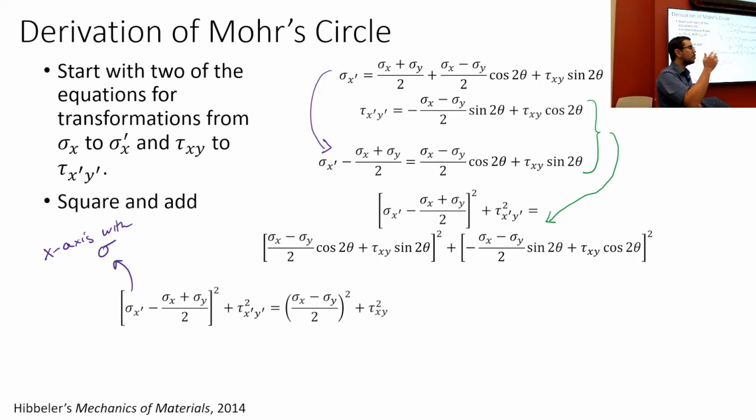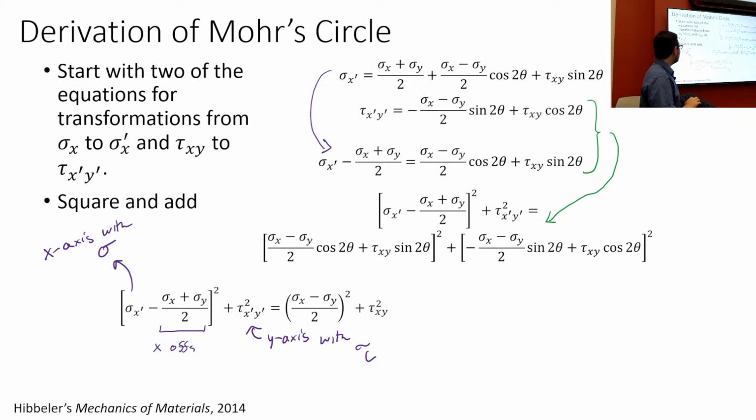This is the axis for normal stresses. And then we're going to define another axis, a y-axis, in terms of shear stress. So we're going to have a horizontal axis that's got sigmas and a y-axis that has taus.